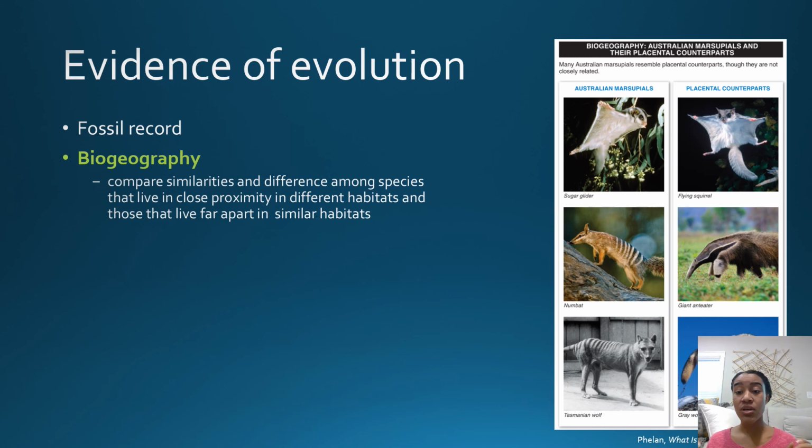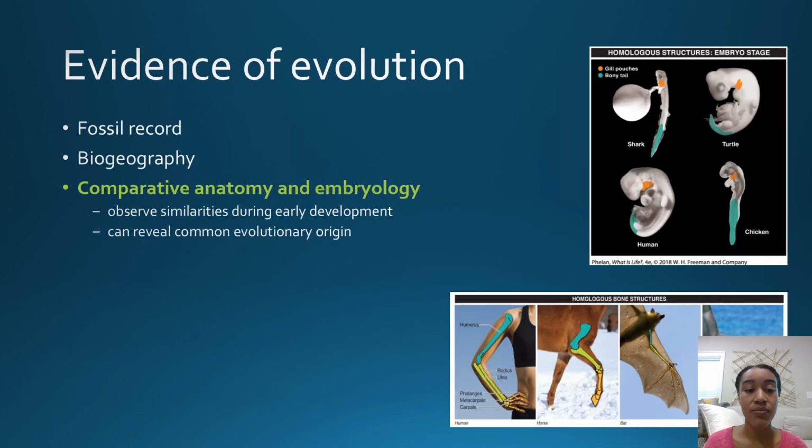When you look at Australia, the organisms there are far more similar to each other than they are to their counterparts in America, right? Even though they lived in similar environments, due to evolution they are more similar to each other than to organisms in very similar environments far away in different places.